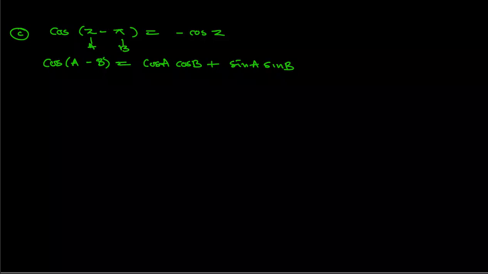So we just replace here. We're going to have cos z, cos pi, then plus sine A, which is sine z, then sine B, which is sine pi.